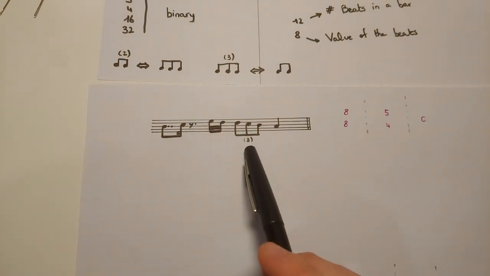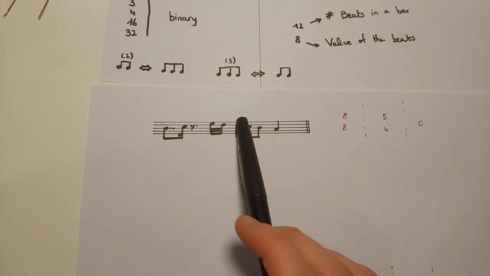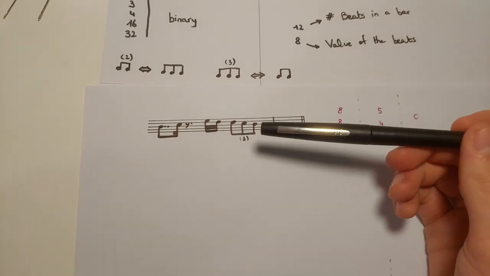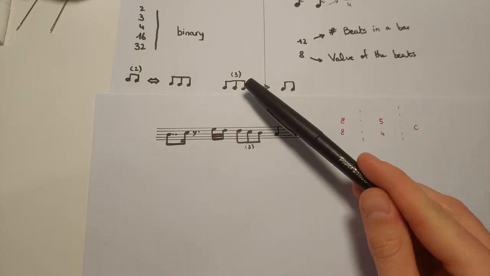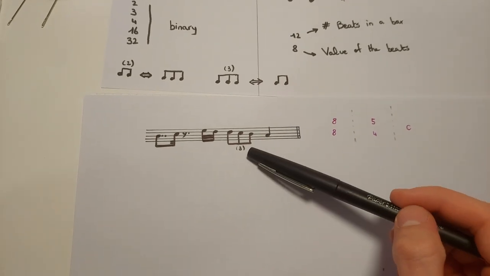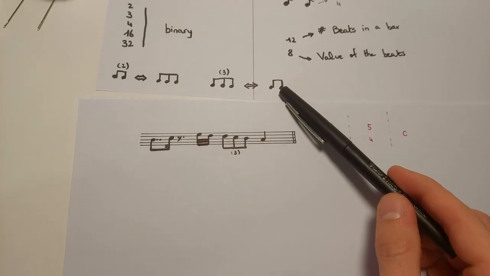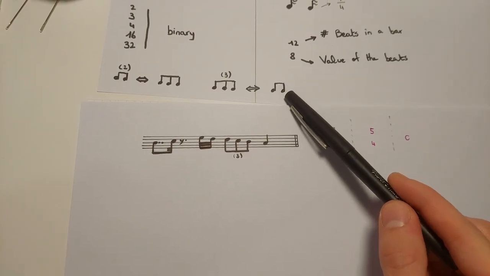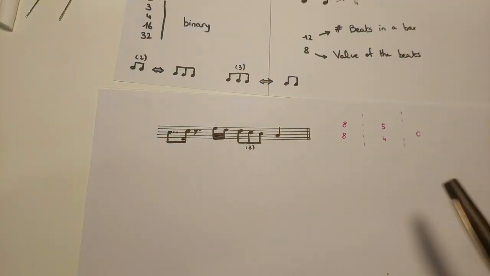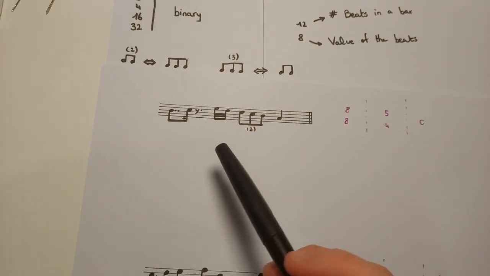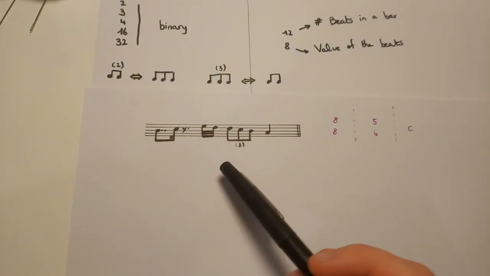So here is one irregular. So we don't really care if the notes are down or up. So this is equivalent to this. So it's an irregular, which is equivalent to 2 notes. So we have 2, 2, 2, and 1, which means we are in a binary bar.